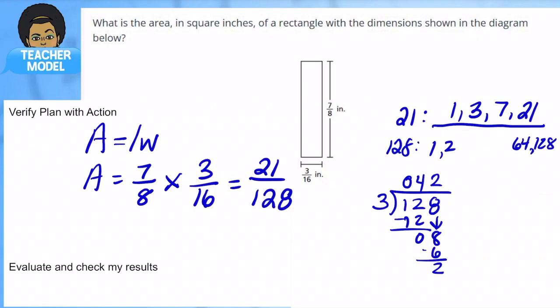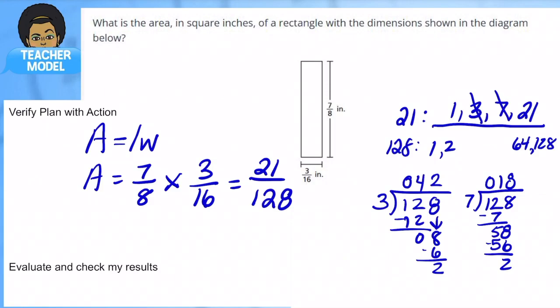I'm going to do the same thing with 7. 7 into 128. 7 goes into 12 once. 58. Once again, ooh, 8 times 7 is 56. I have a remainder, so 7 is not a common factor. So far we've eliminated this one and this one.